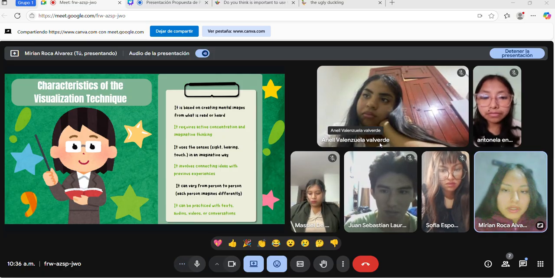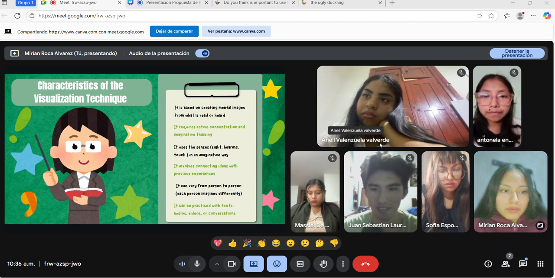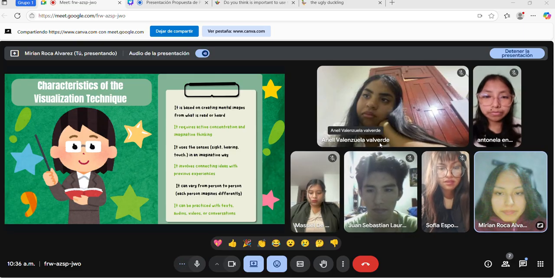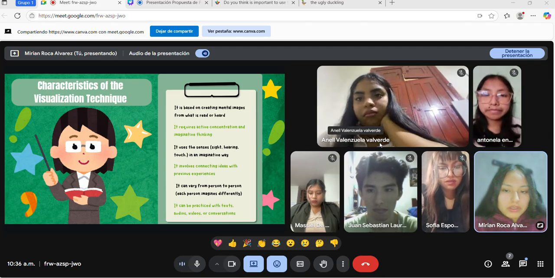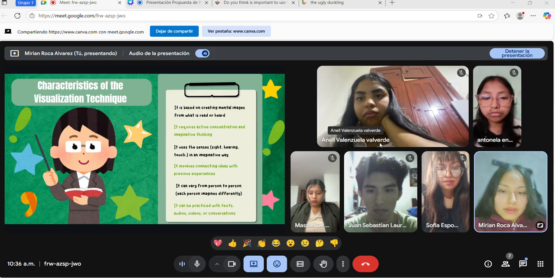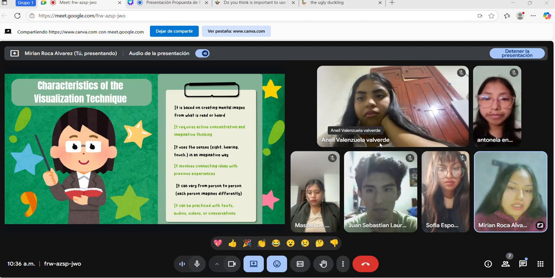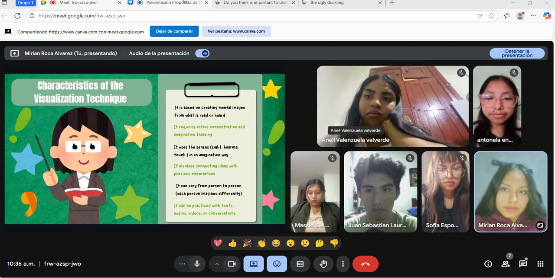It also involves connecting ideas with previous experiences, and it can vary from person to person because each person imagines differently. It can be practiced with texts, videos, images, or conversations.